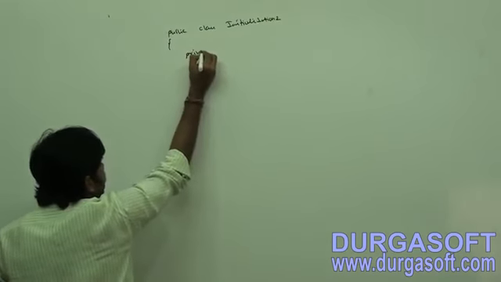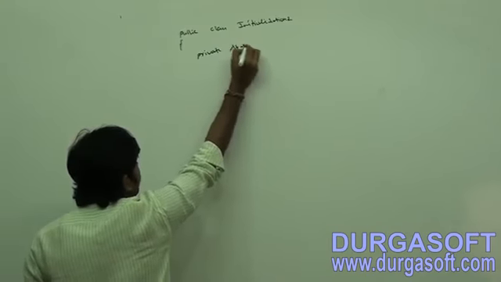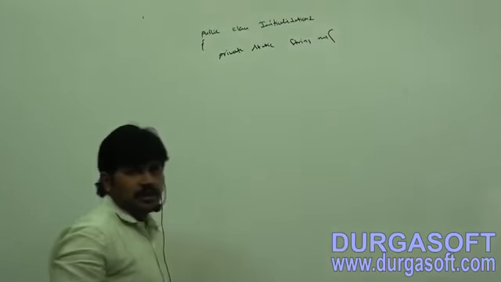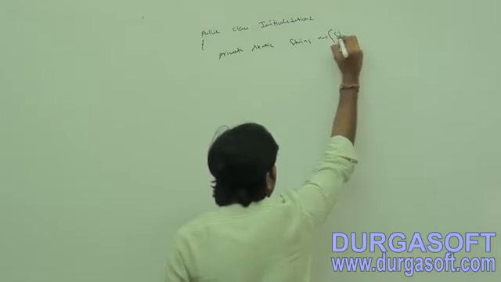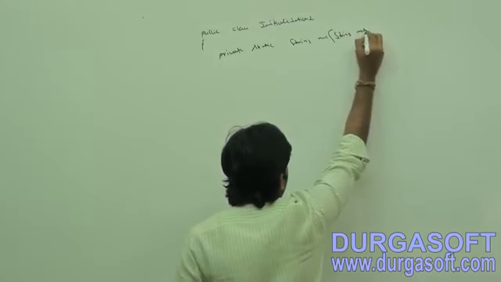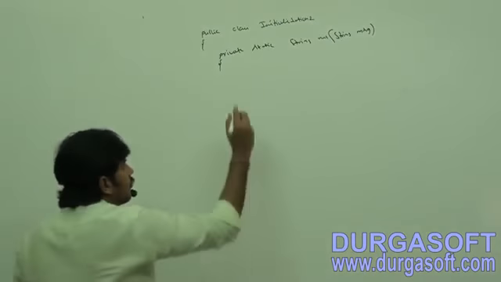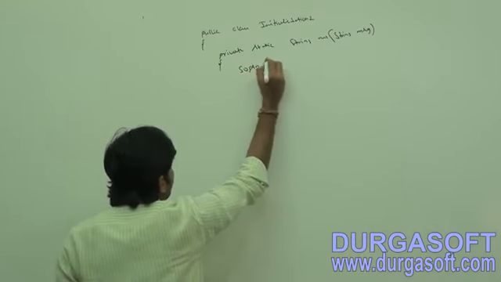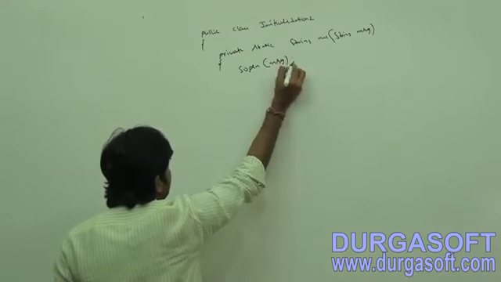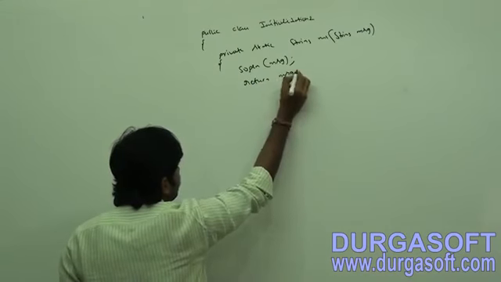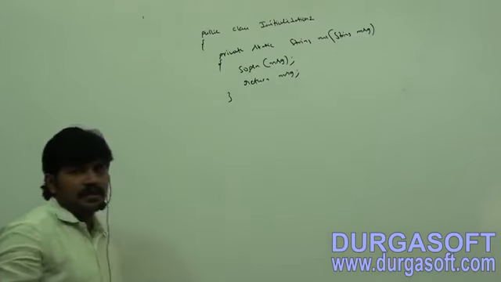Next, private, one static method, string is the return type, m1 method, it is expecting a string msg. Okay, msg, what we have to do? System.out.println msg, and then return the same message msg, like this.